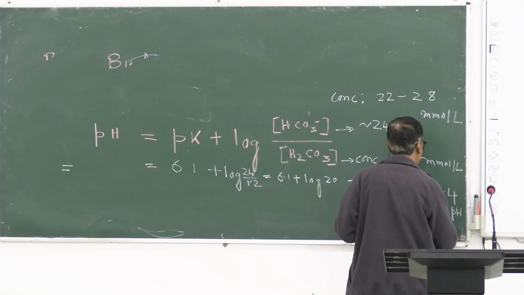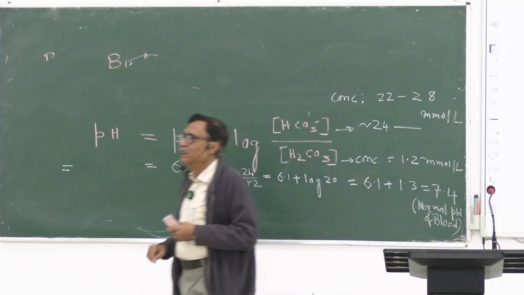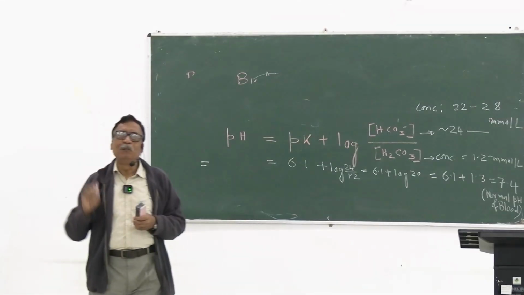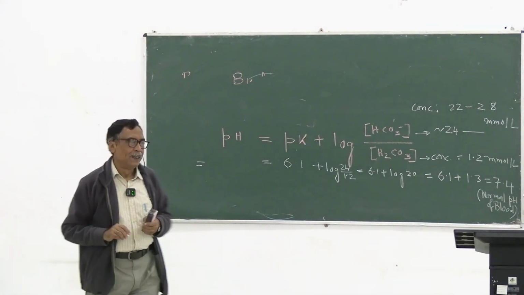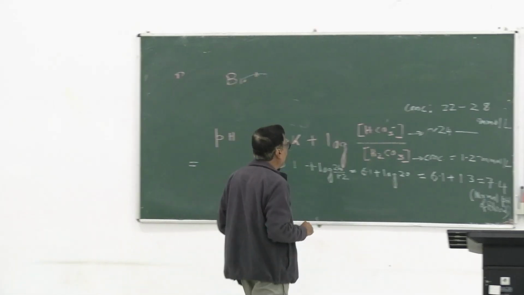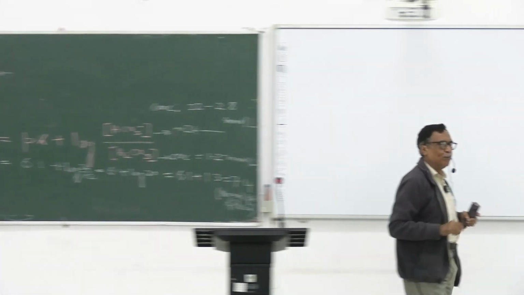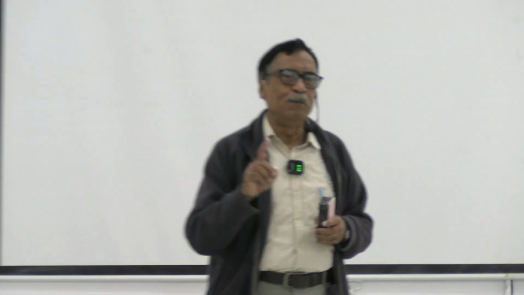Normal pH of blood. So long as the ratio is 20, pH of the blood will be 7.4, that is normal pH. So, for any deviation of this ratio, if the ratio is less than 20, pH will be less than 7.4.